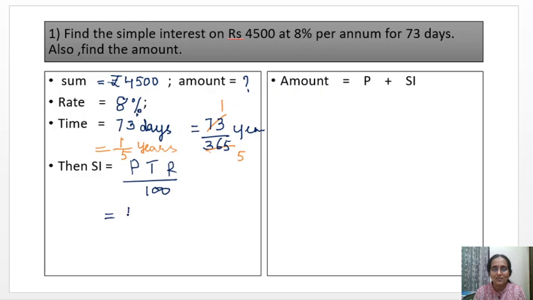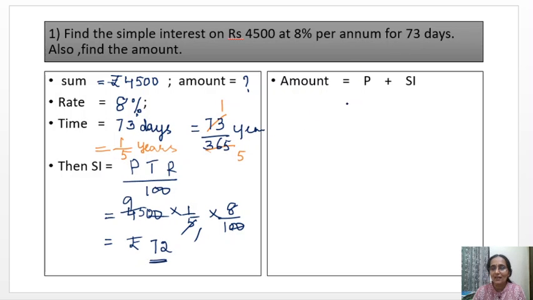Principal is 4,500, time is 1 by 5 and rate of interest is 8 divided by 100. Cancel here. It is rupees 72.